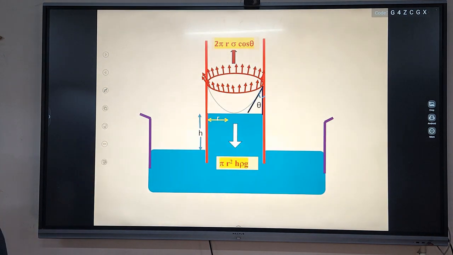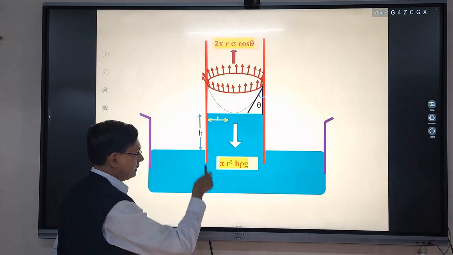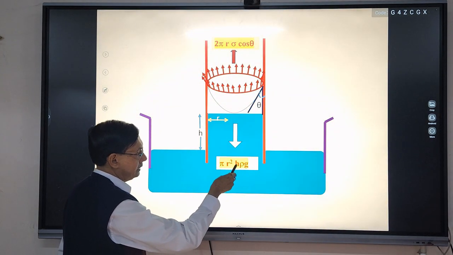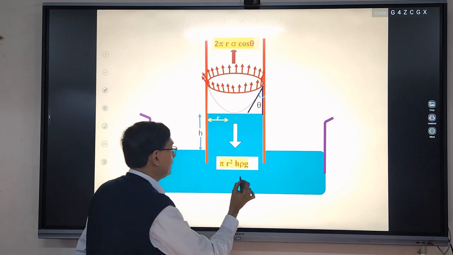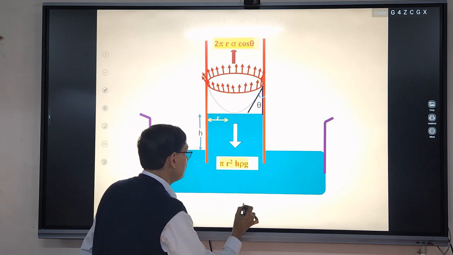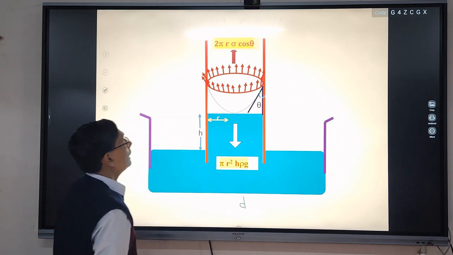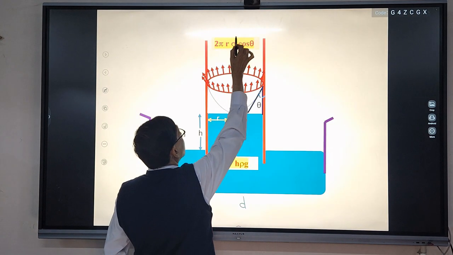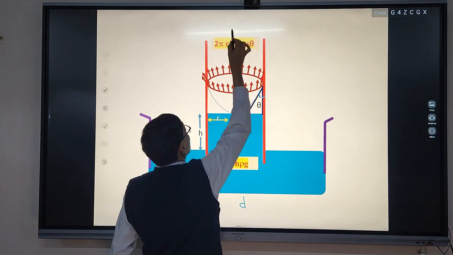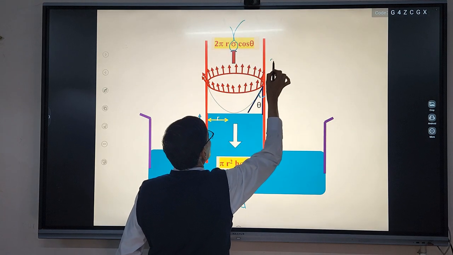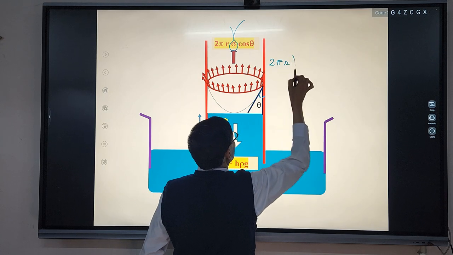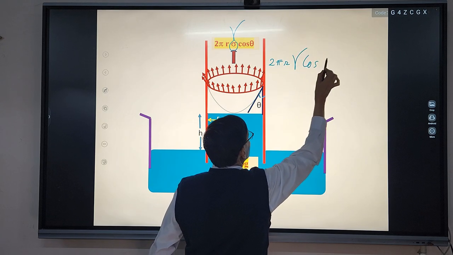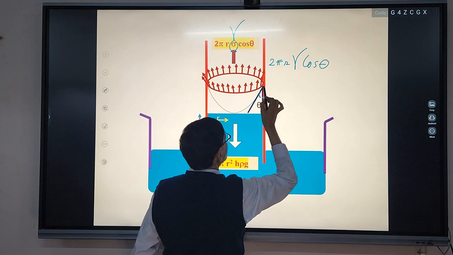This is the simplest equation for calculation: the weight is pi r square h d g, where h is the height and d is the density, and the upward force is 2 pi r gamma cos theta.